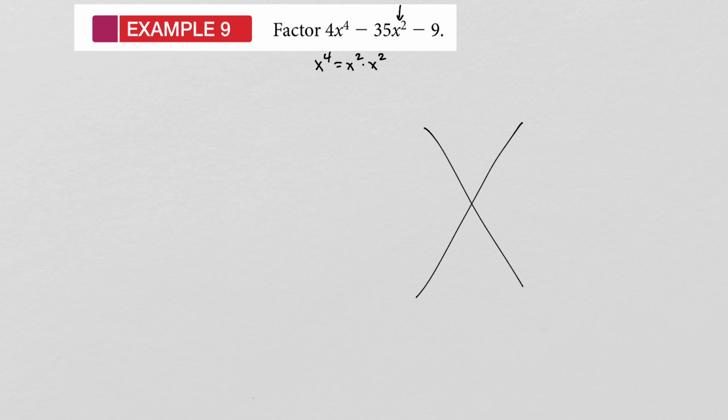So I'm just going to make a magic X, and I'm going to multiply these together. So 4 times negative 9 is negative 36. And in the middle, I have negative 35. Now let's think about what numbers you can multiply to get negative 36 and add to get negative 35.